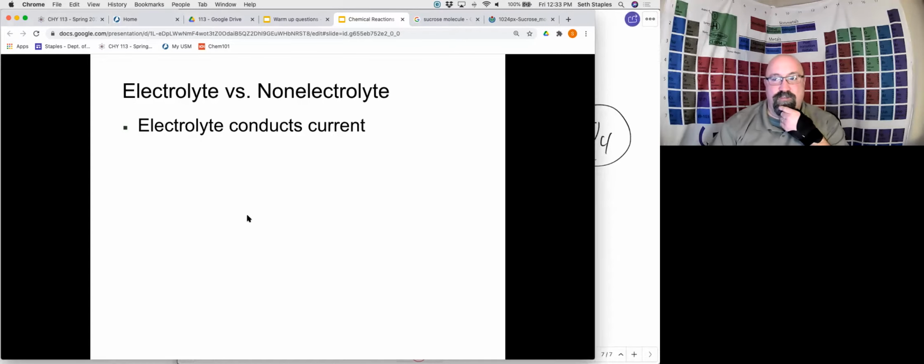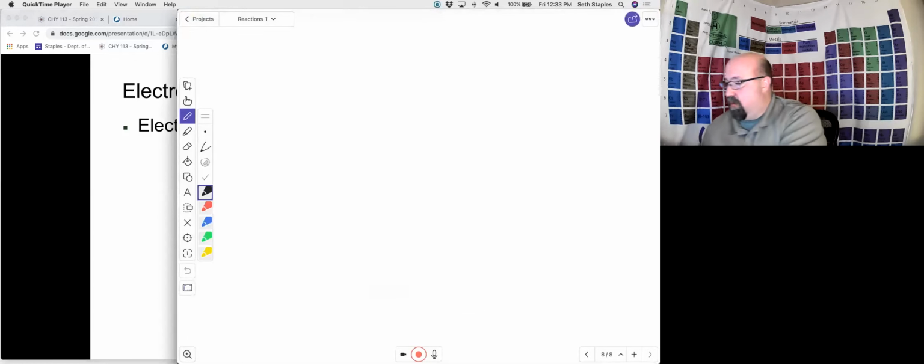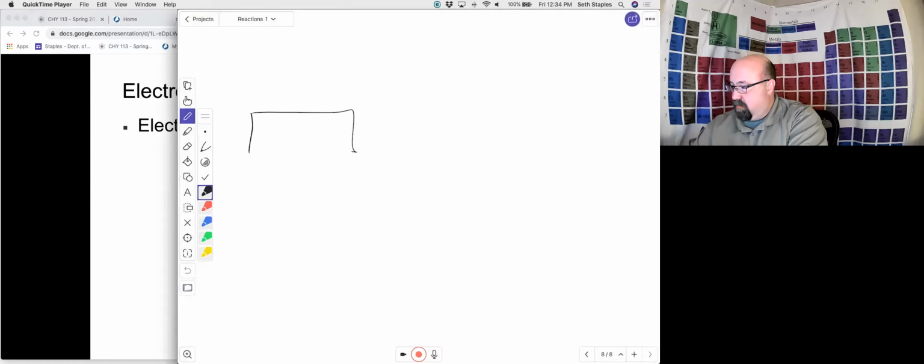And so a couple of differences between electrolytes and non-electrolytes. An electrolyte will conduct current. So if you have, let's see if I can come up with my very crude drawing here, let's say I have a battery, and that's going to flow out to a solution. Here's my solution.